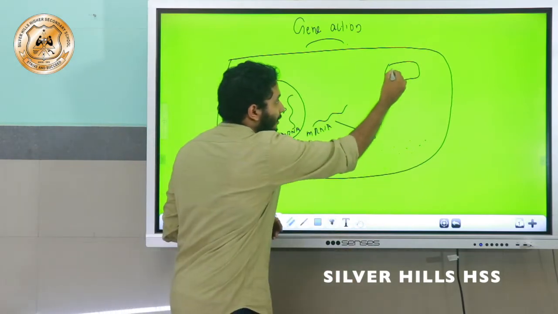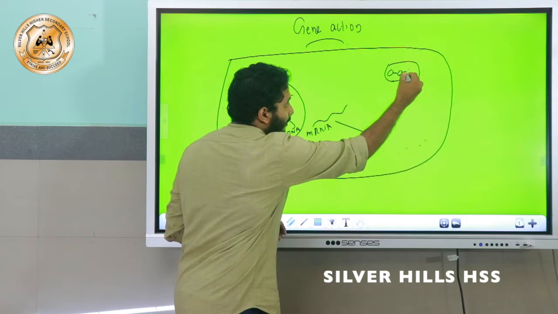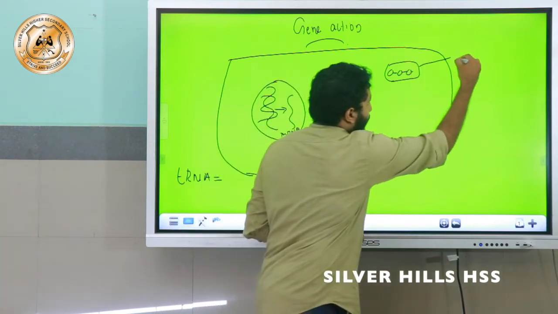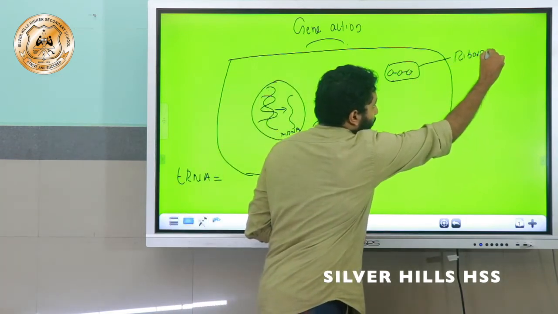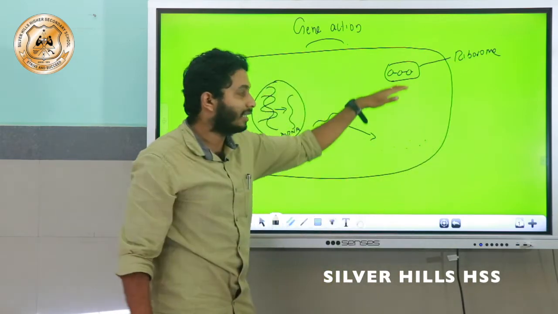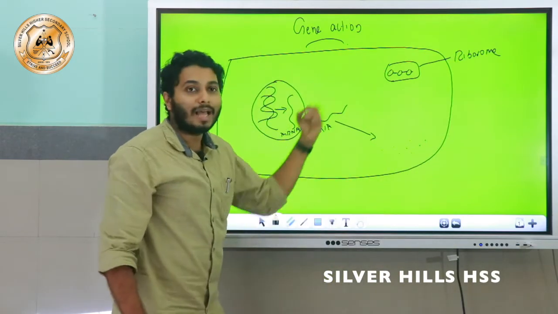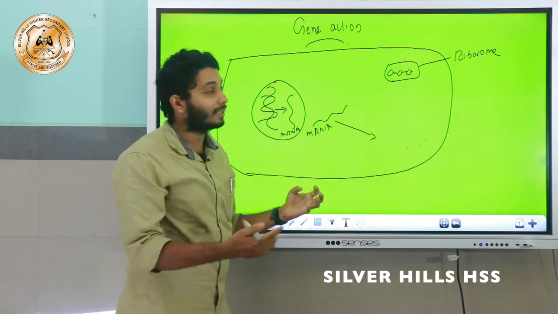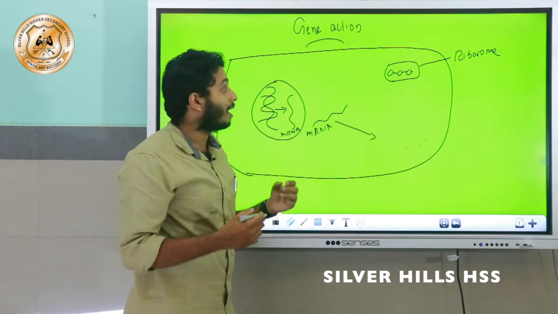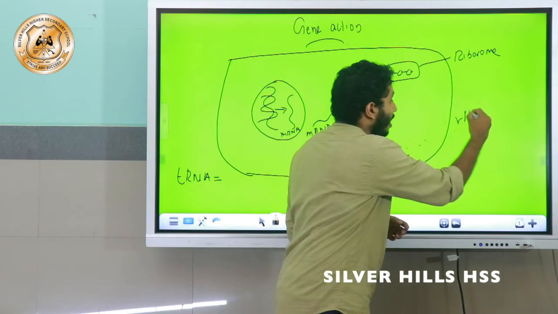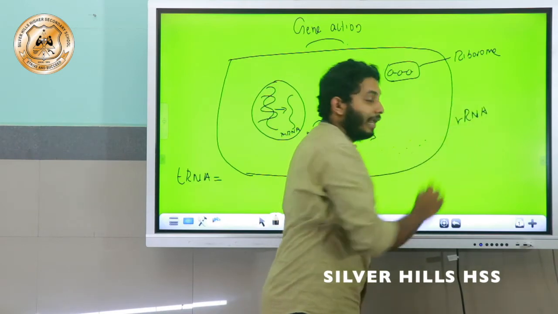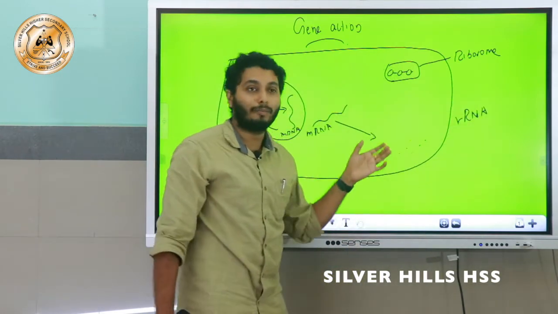Now, the amino acids present in the cytoplasm have reached inside the ribosome. Inside the ribosome, these amino acids are joined together by means of another RNA termed rRNA. rRNA, the expanded form is ribosomal RNA.